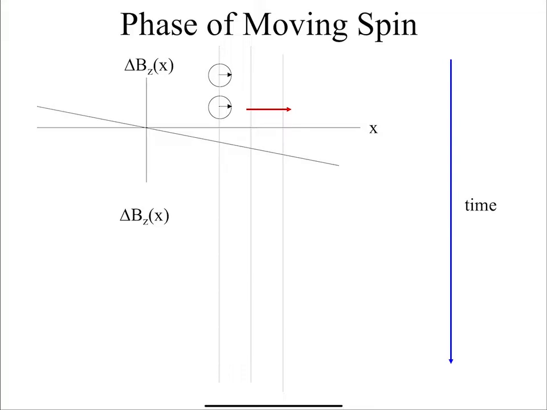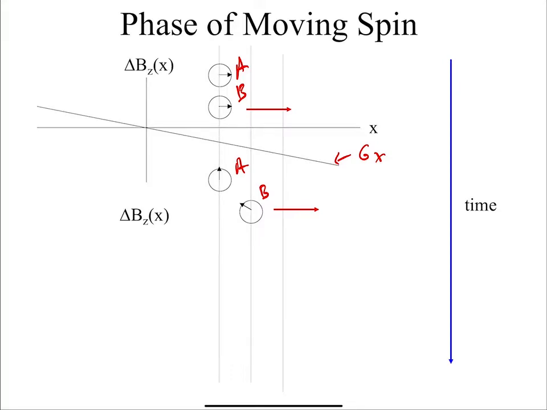So let's say we have two spins A and B, okay? And at time equals 0, they start off at some location x. And we have this gradient here, the G sub x gradient, that is a negative gradient, so it's decreasing in the x direction. At some later time, we assume A is stationary and B has moved out into a stronger part of the gradient field.